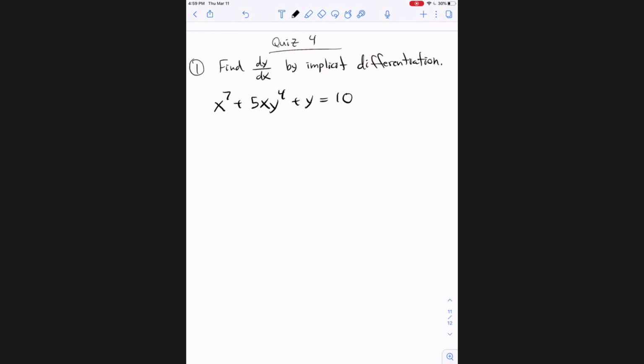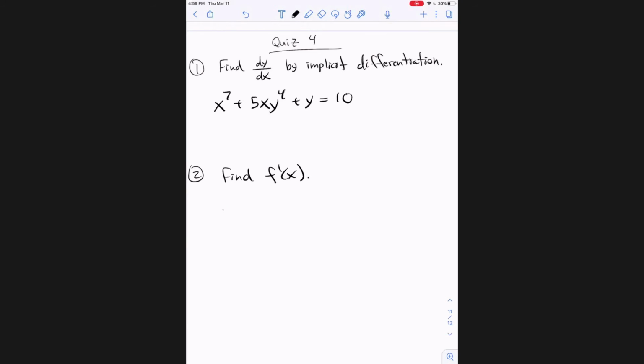All right, number 1, find dy/dx by implicit differentiation. x to the 7th plus 5x y to the 4th plus y equals 10. Number 2, it's actually quick.